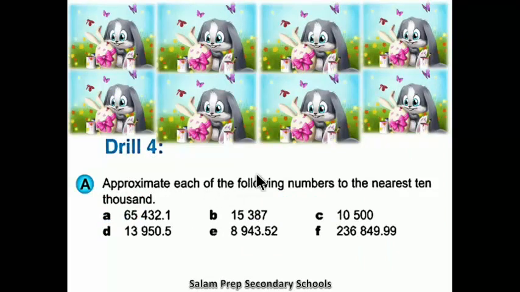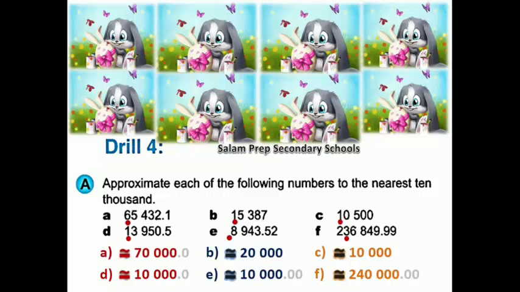Approximate each of the following numbers to the nearest 10,000. Please try to solve these problems and check your answer with the Answers Guide. Let's solve problem E together. Approximate to the nearest 10,000. Problem E.